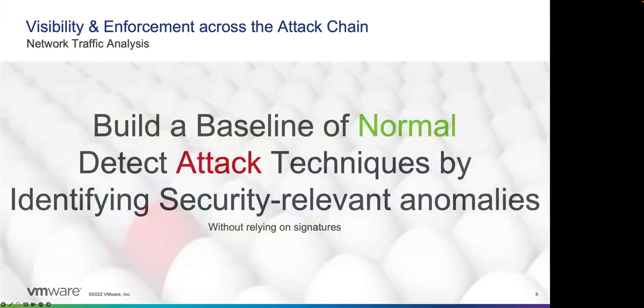Network traffic analysis builds a baseline of normal. We take a baseline of your network traffic and say, this is what I normally look like for 30 days. Then we start detecting abnormalities, detecting attack techniques by identifying security-related anomalies from your normal baseline.